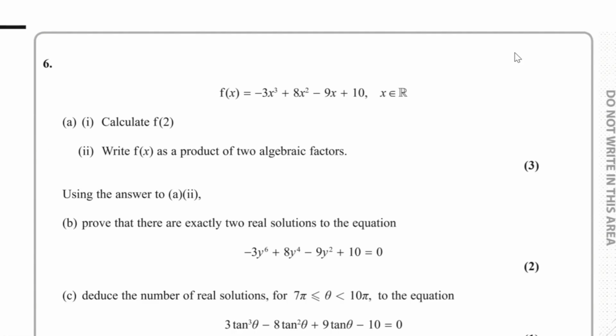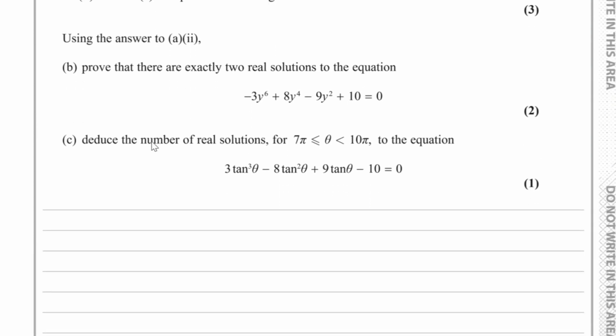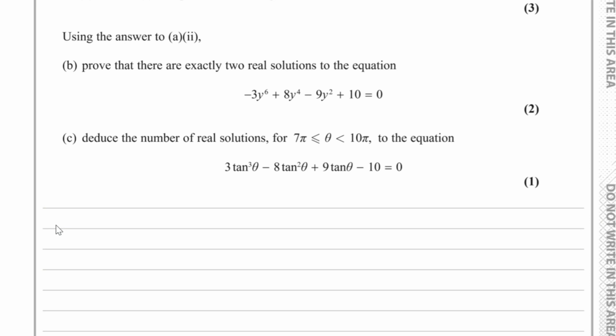Question number 6. f of x is equal to negative 3x cubed plus 8x squared subtract 9x plus 10, where x belongs to the set of real numbers. And for part A, for the first part, we have to calculate f of 2. Well, to calculate f of 2, we need to substitute in x equals 2 into f of x.